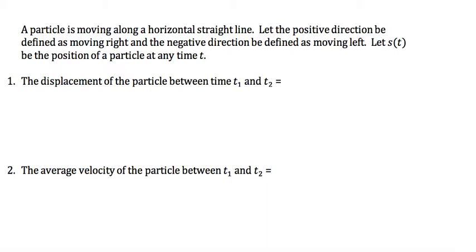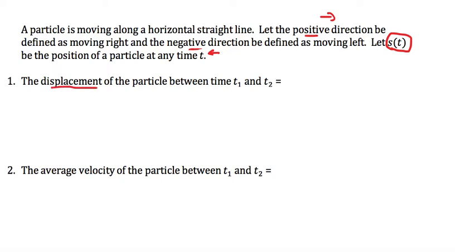So we've given some sort of direction here. Positive means to go right, and negative, we know that means to go left, right? And this is the position function of the particle. So the displacement of the particle between t equals 1 and t equals 2 is given by the change in position.